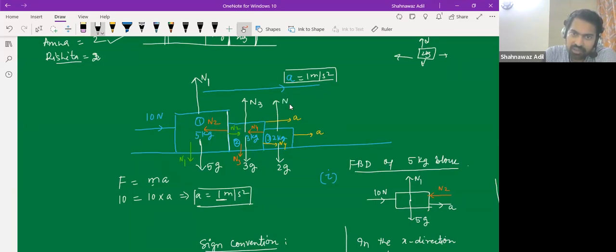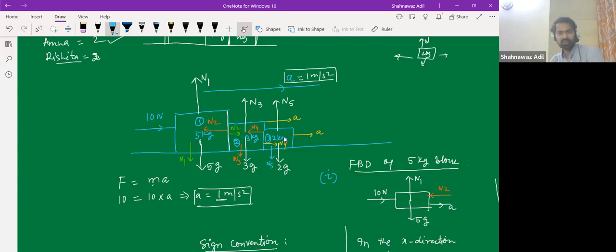So that is N5. This is also applying some normal reaction in this direction. Do we have any other forces? N4 is there, we have already calculated. Do we have any other forces?